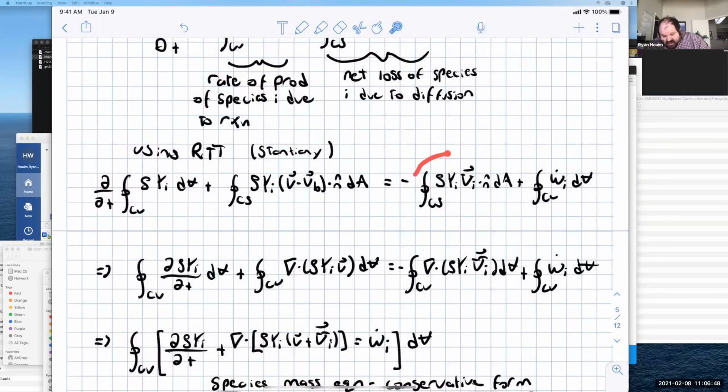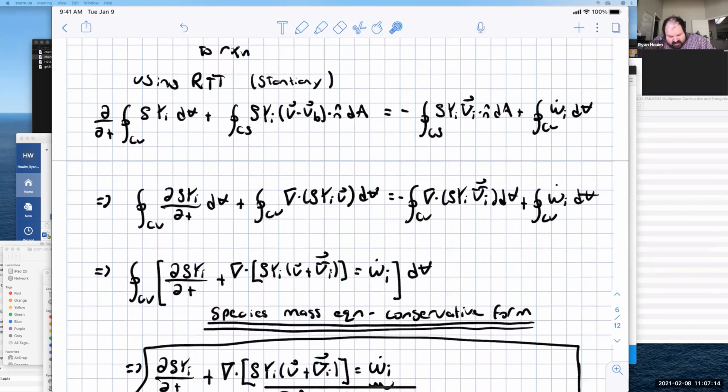And I'm going to apply the divergence theorem to the diffusion mass flux term. If I do that, I just take this v dot n hat and I replace it with a divergence. And I do nothing with the chemical reaction term. Okay, and so now all four of these terms are volume integrals.